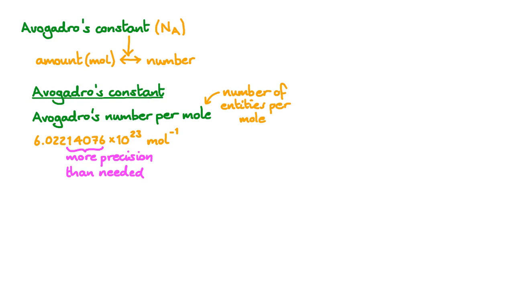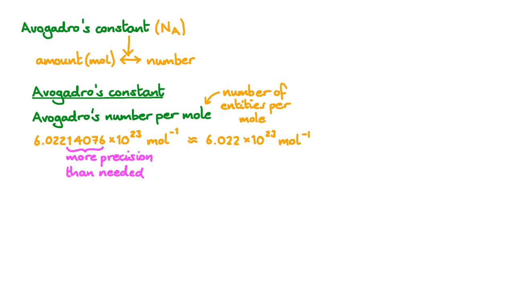However, only the most accurate instruments would need Avogadro's constant to such extreme precision. So you'll probably see Avogadro's constant rounded to 4 significant figures, which is 6.022 times 10 to the 23 per mole. Rounding to 3 or even 2 significant figures often doesn't present any problems either.